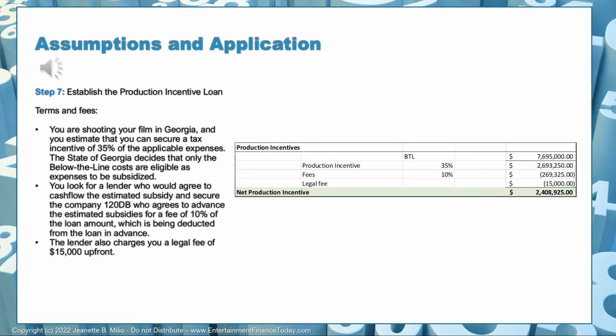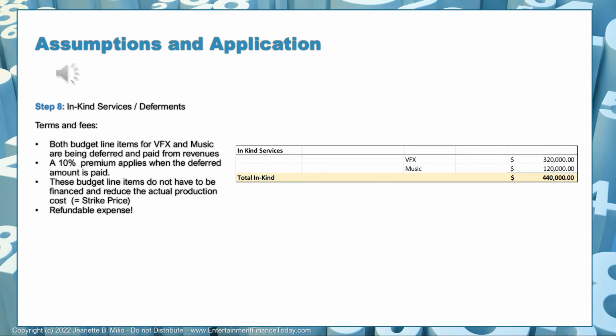So all this is deducted from our production incentive amount Georgia provides to us. So we are left with a net production incentive that we can use for the budget in advance of $2,408,925.